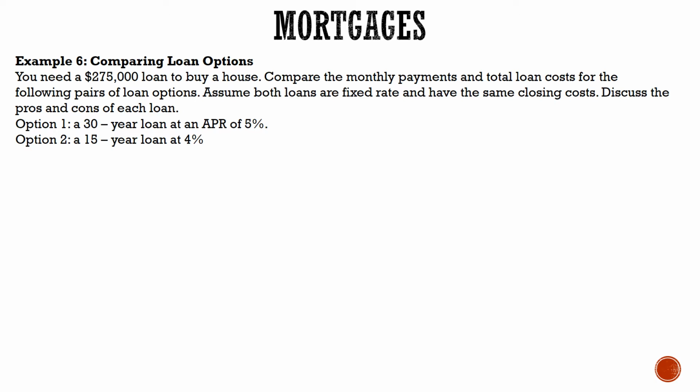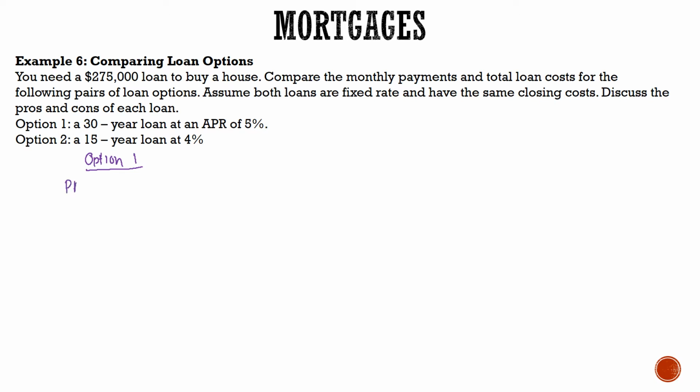So let's look at option 1 first. First we want to know the payment that we would need to have at that 30-year loan APR of 5% option.